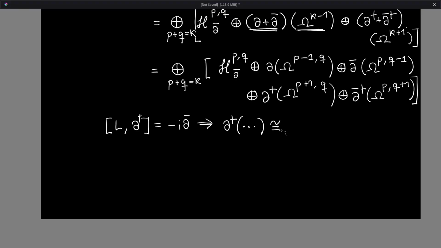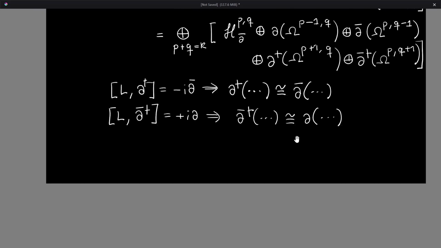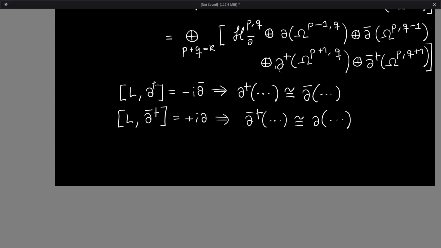So this is isomorphic to partial bar of dot dot dot. And similarly, [L, partial bar dagger] is equal to plus i partial, which implies that partial bar dagger of dot dot dot is isomorphic to partial. So these spaces are actually coincident. They're actually one on top of each other.